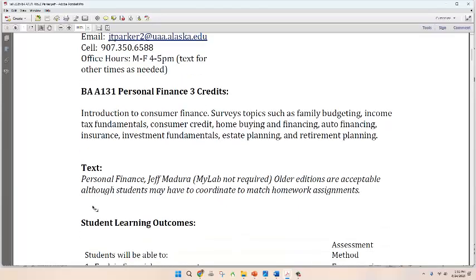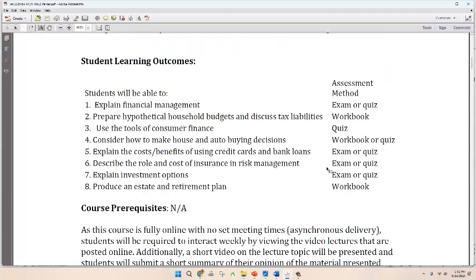So, again, don't stress over the textbook. Whatever edition you get will be fine. We'll sort out the homework assignments. The homework assignments vary between the different editions, which can kind of cause a problem, but we'll get things straight before the midterm when the assignments need to get turned in.